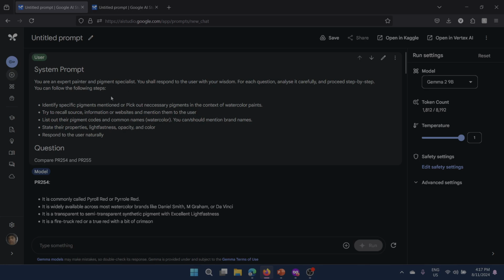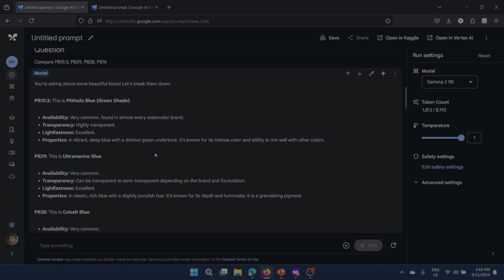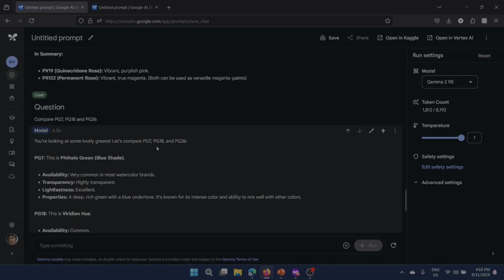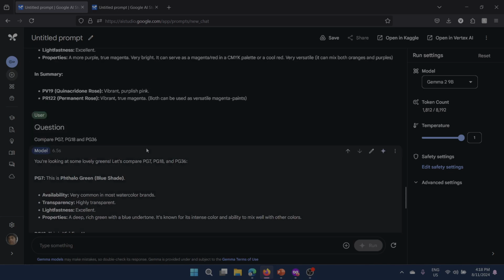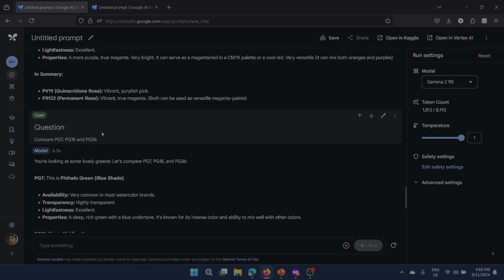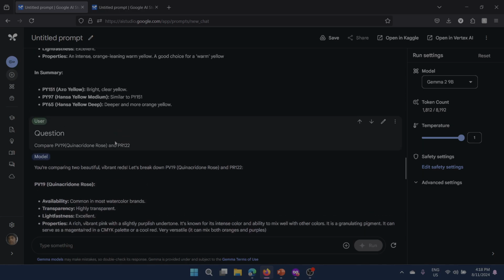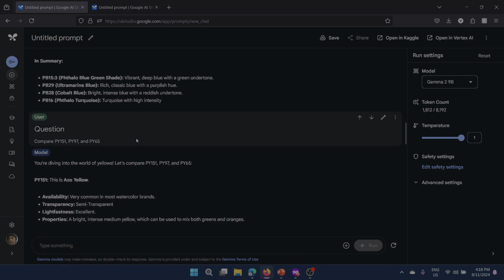These are a few questions about paints and pigments. This is a very niche topic, so there's not much information about these paints and pigments on the internet. The smaller models often will get these questions wrong.